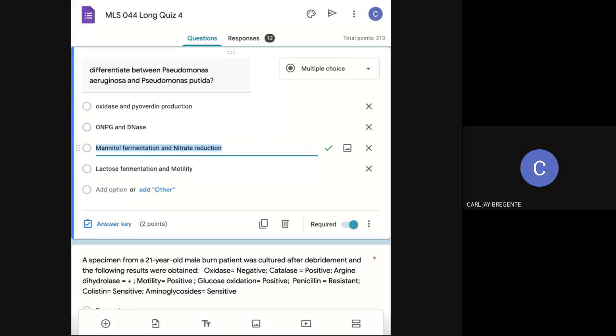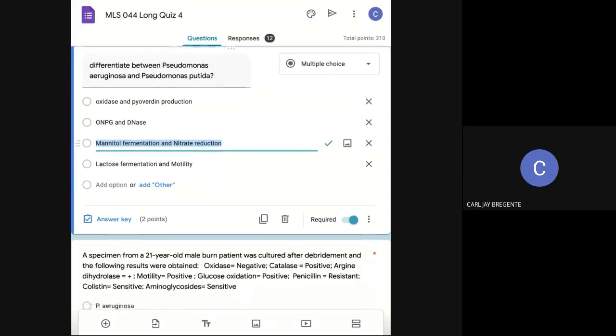Pseudomonas aeruginosa is positive for those tests, while Pseudomonas putida is negative. Therefore, Pseudomonas putida will not grow at 42 degrees Celsius, does not reduce nitrate to nitrite, and does not ferment mannitol.